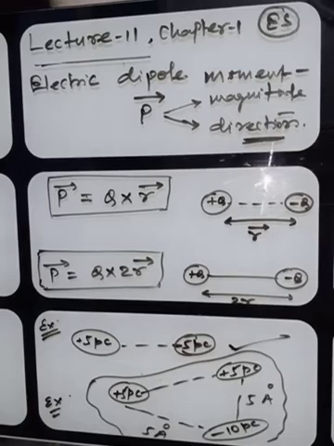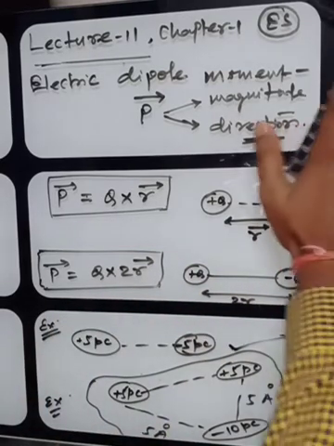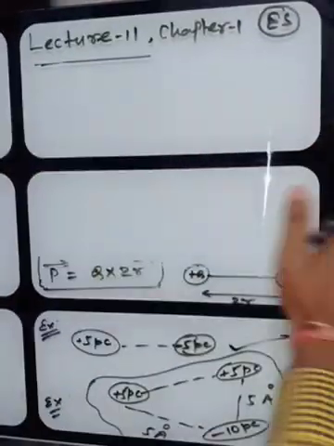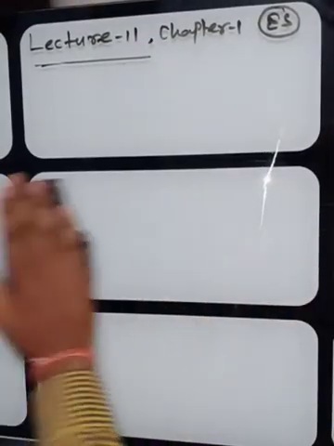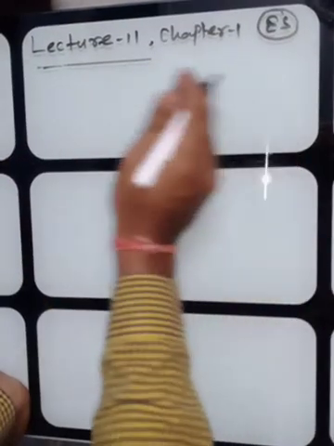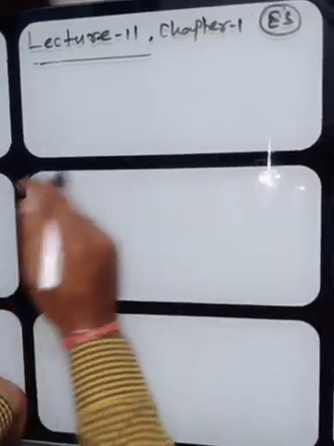Okay, student? So in this way you will have the number of examples to find how many dipoles are there and how you can find the net dipole moment. Now student, you can find the dipole moment easily, no doubt, I know.